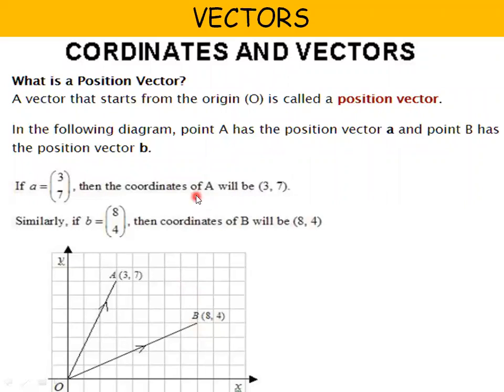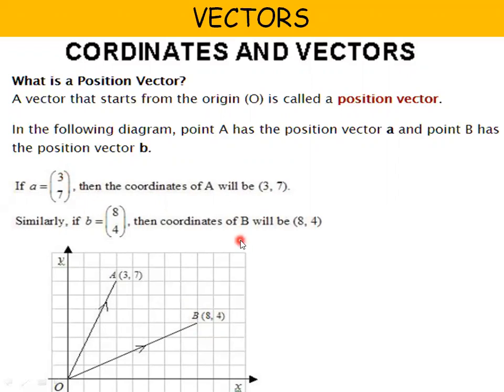If I have a point A on the grid as 3, 7, then the position vector OA means the vector whose start point is at the origin O and the end point is A, as you can see represented here. So if the coordinate of point A is 3, 7, then the position vector OA simply will be the column vector 3, 7.